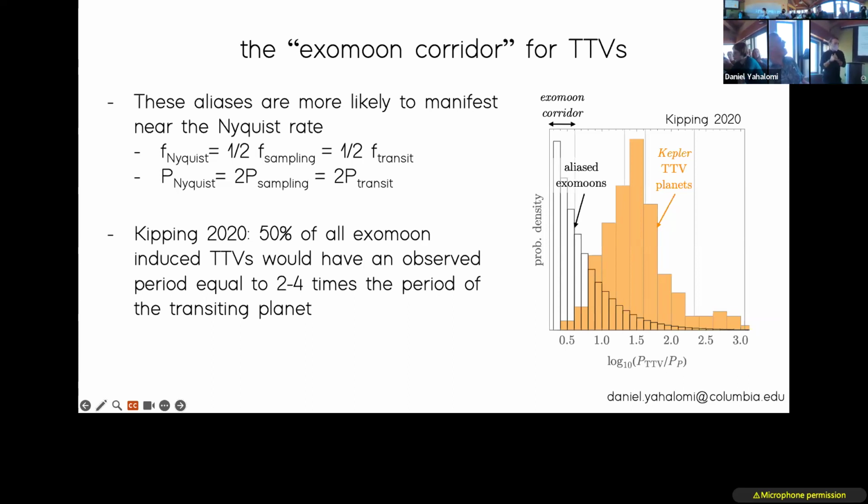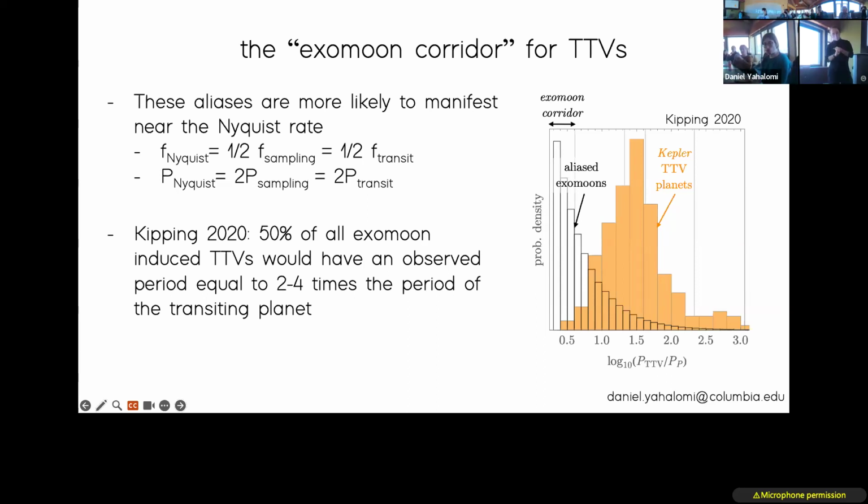Sure. Yeah. So in that paper, well, first of all, I think it's just a consequence of the aliasing effect. The Nyquist frequency, you expect to have a pileup near shorter periods. You're just going to recover the minimum alias signal that you can, and so you're more likely to get a stack up. And then the theory side of it is in this paper, David took 4 different realistic exomoon populations.